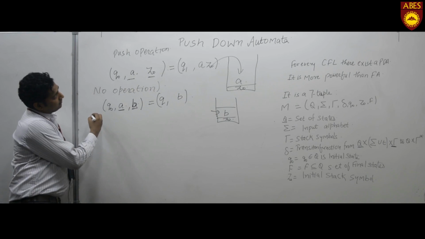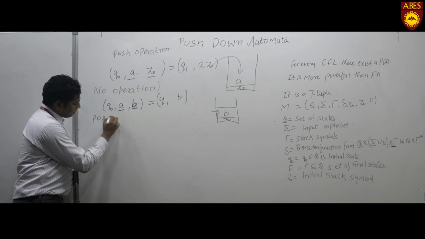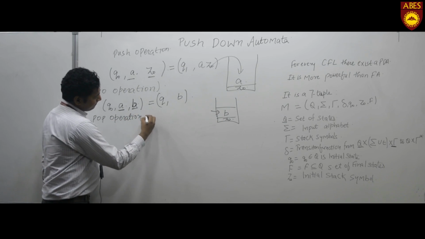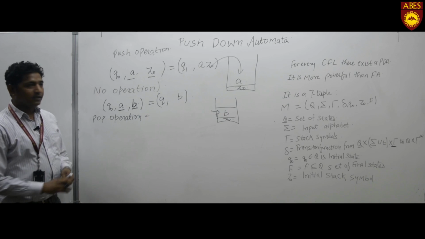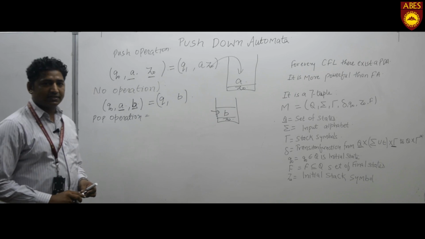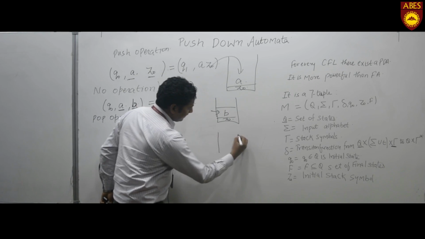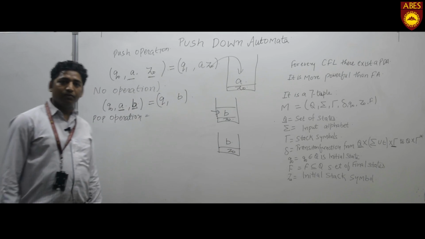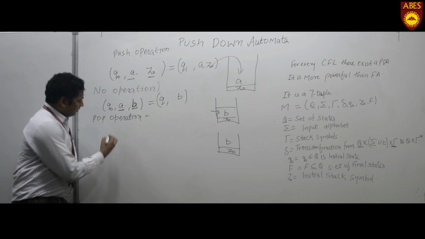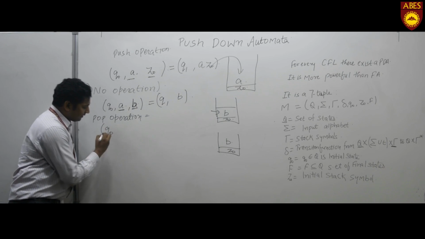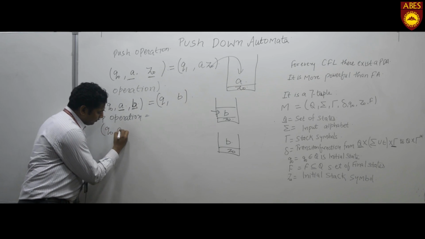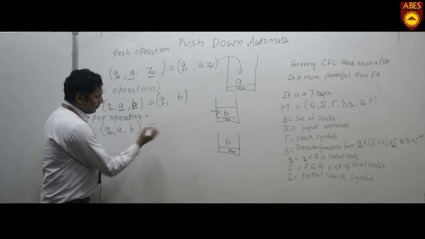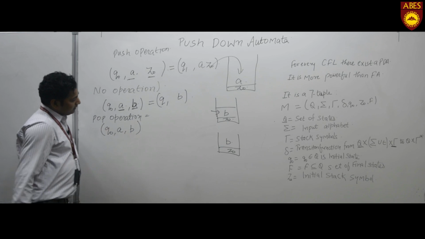The third operation is the pop operation. In this, we can remove an element from the stack. Suppose we have a stack with B in it and we want to remove this B. For this we have some state Q0, an input symbol A, and the top of the stack is B. For removing this B, we do the pop operation.